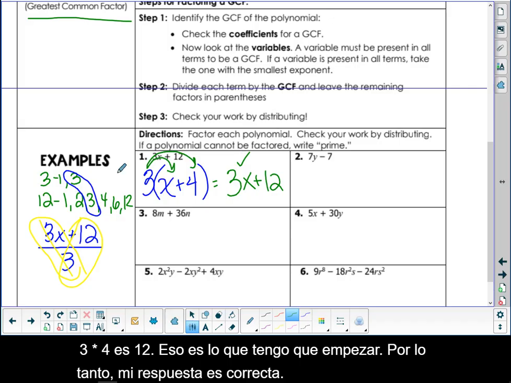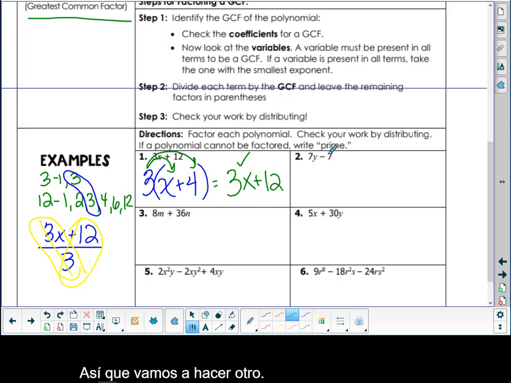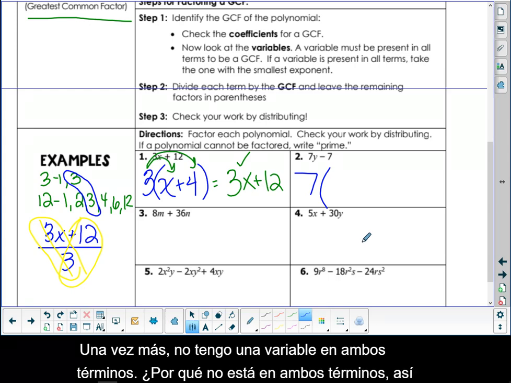So let's do another one. We've got 7y minus 7. Hopefully you can figure that out right from the get-go. The biggest number that goes into 7 and 7 is 7. Once again, I do not have a variable in both terms. Y is not in both terms, so my only GCF here is 7. That's all it can be.